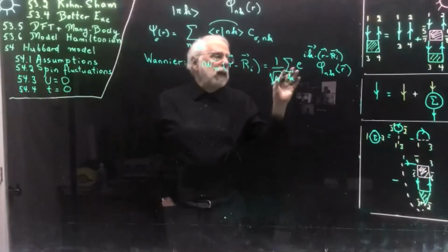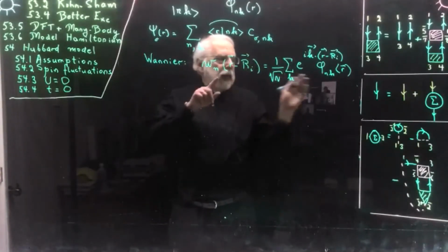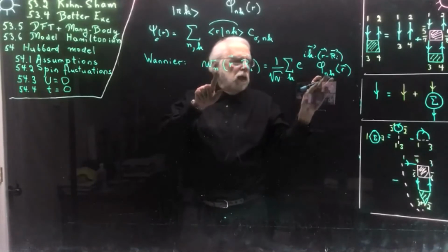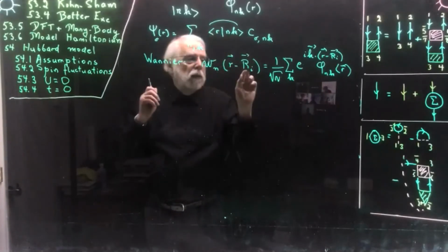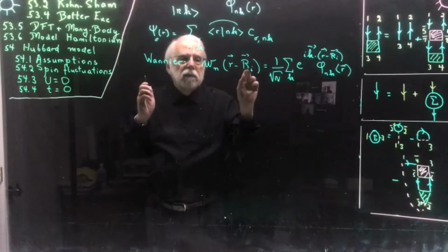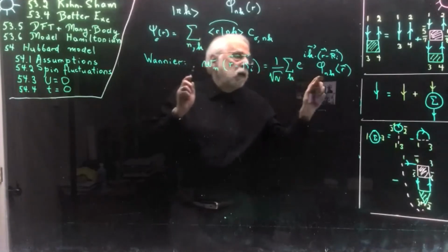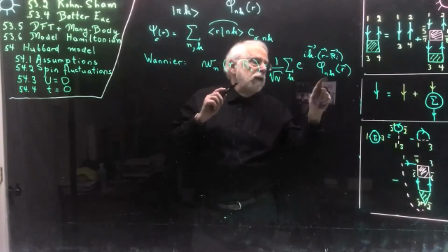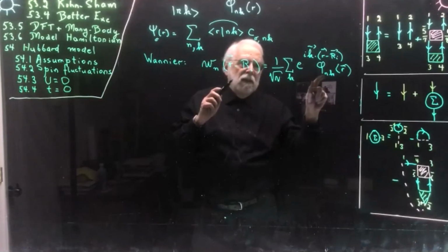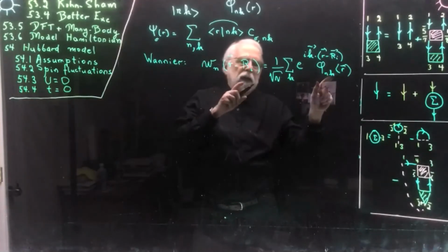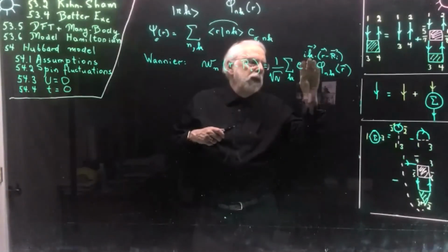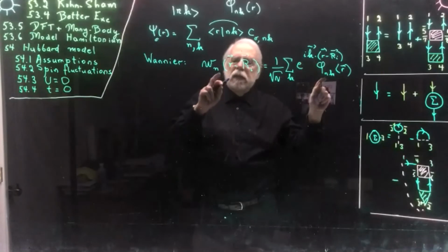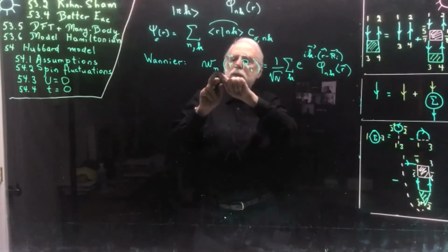Now there's some ambiguity, it turns out. Here I have kept the label n, but suppose I want orbitals that are quite localized around R_i. I have some freedom here. What I could do is a linear combination of these different n. For a given k, I could have a unitary transformation, where this would not be the band index anymore.